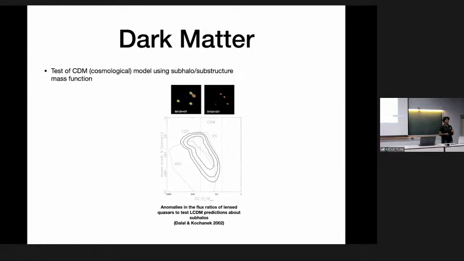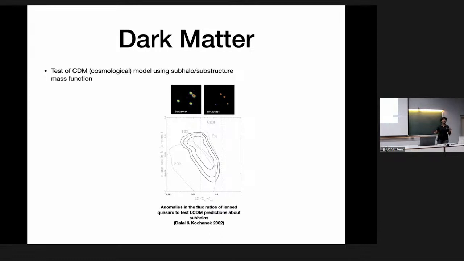From the standard cosmological model, we have some idea of the abundance of these dark matter subhalos given the mass of the main dark matter halo, right? And to measure these abundances, we can make use of strong lensing. Imagine there are lots of dark matter subhalos, and you have a lens system, shown here in two examples.